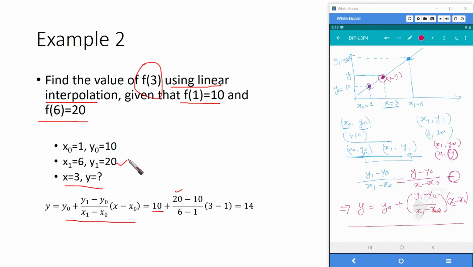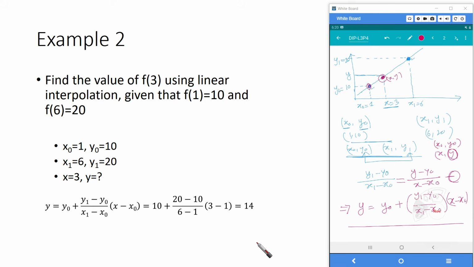Then y1 minus y0, and then the distance between the first point and the second point, that is 6 minus 1, and then this one is the distance between the expected point and the first point. If we calculate, this will come to 14. So it is simple actually.